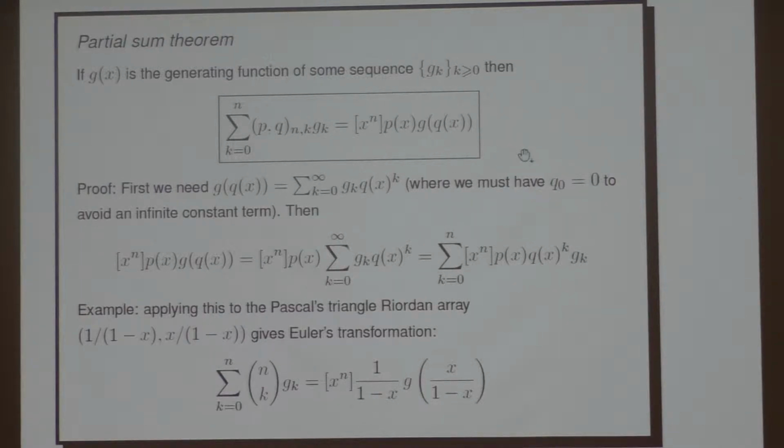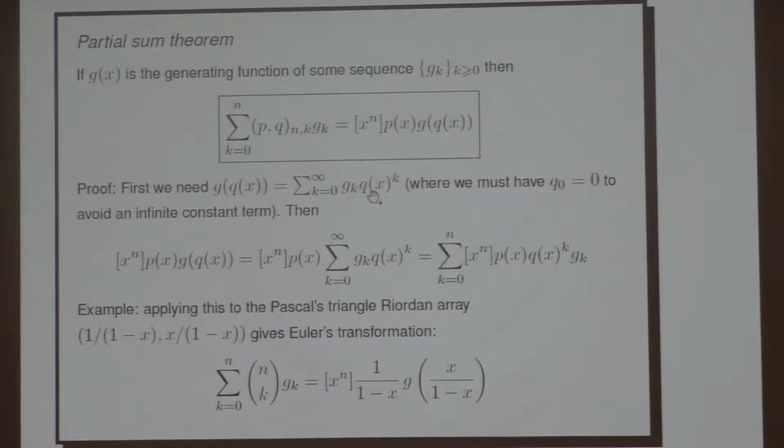This is actually fairly easy to prove. It's the one proof I think I'll do in this talk. First we need this result here, which is basically how to compose g and q, if you've got the generating function g and a generating function q. This result is fairly easy to see if you just multiply out the terms.